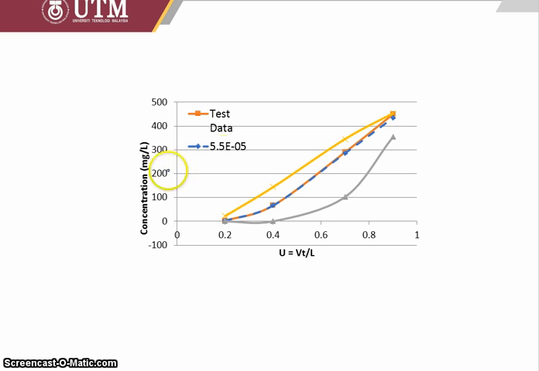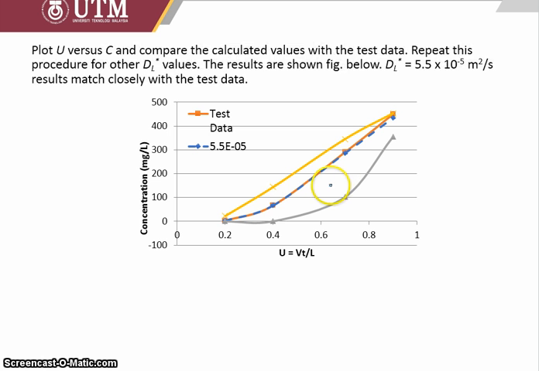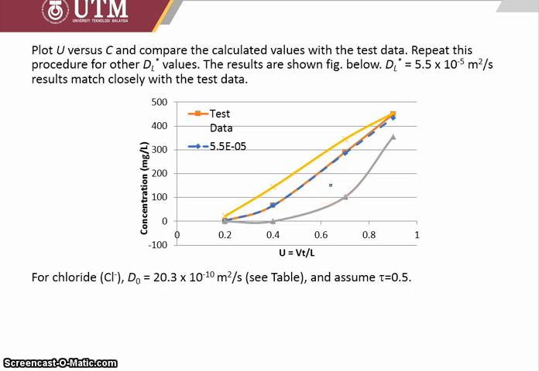We have the concentration, and we also have U equal to V times T divided by N. So we can have the data. So let's solve for alpha L, the longitudinal dispersivity.